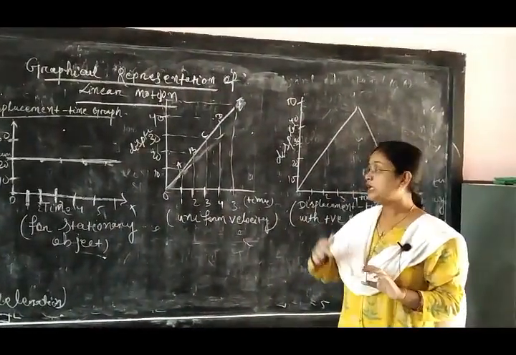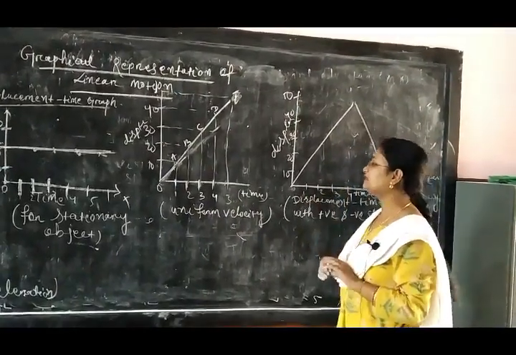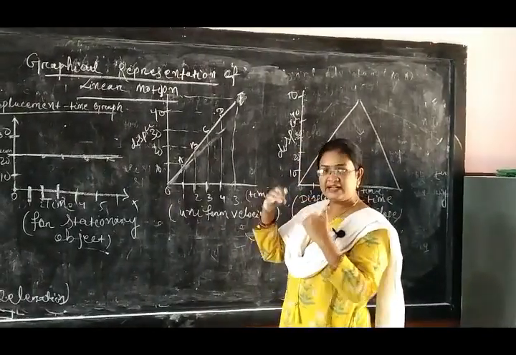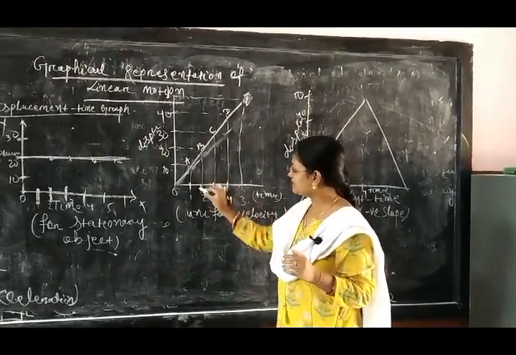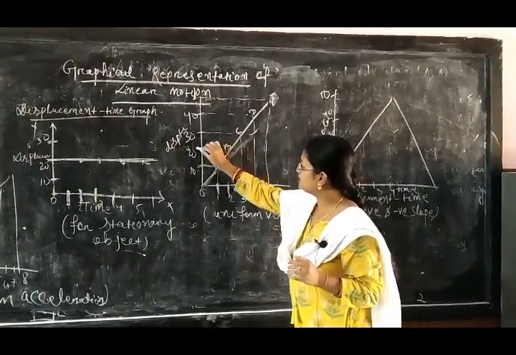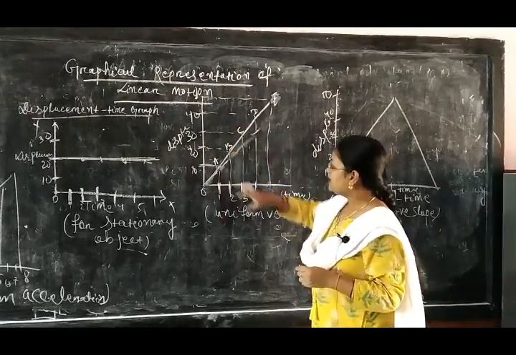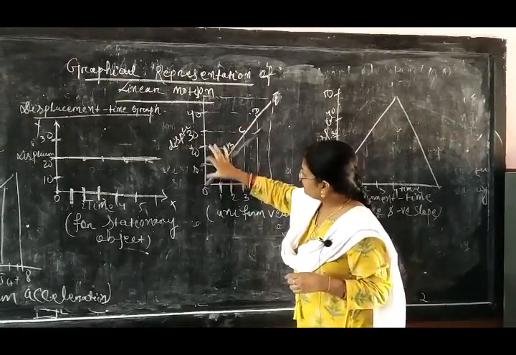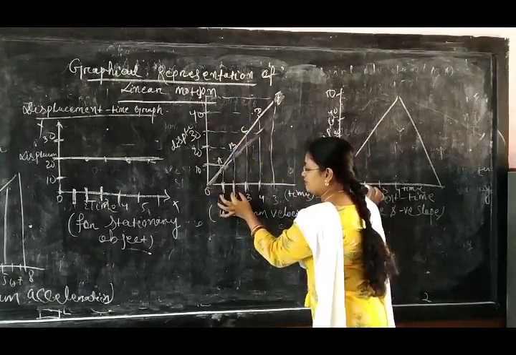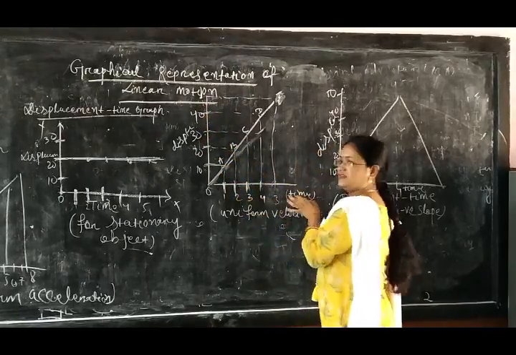After that, you see the displacement time graph for uniform velocity. Uniform velocity is what? The displacement will change in regular intervals of time. You see the same displacement in the same interval of time. For example, at 1 second the displacement is 10, at 2 displacement is 20, at 3 displacement is 30. Okay. Now you see here the displacement gap is 10, 10, 10, 10, and time here is 1, 1, 1. That means equal displacement in equal intervals of time.